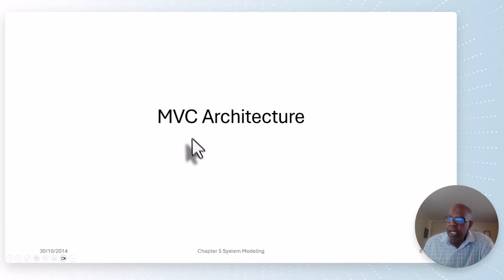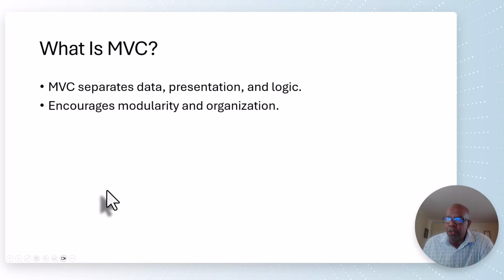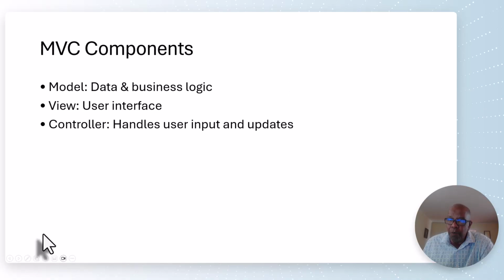Okay, we're going to look at an architecture called MVC. And you've most likely, I'm almost positive, even though you may not have known it was MVC, used this particular method to develop applications, whether you were using Python, Java, or whatever programming language, it is based on using MVC.